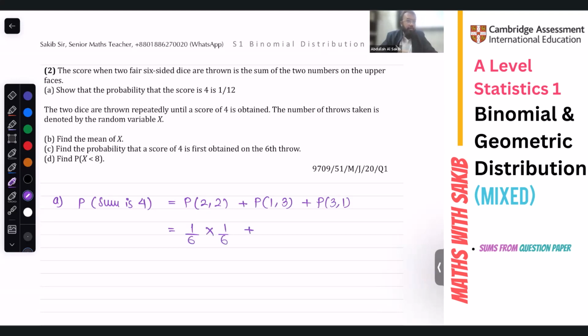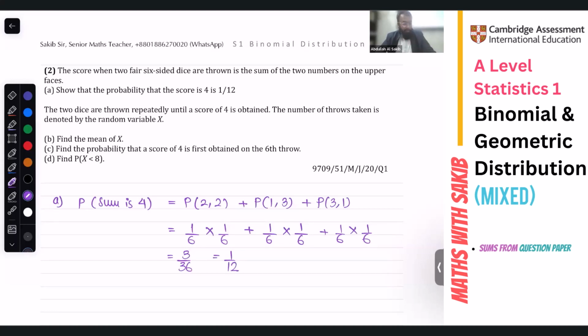With 2 fair 6-sided dice, what is the probability of having a 1? 1 by 6. What is the probability of having a 3? 1 by 6. So 1 by 6 into 1 by 6 for each case. So the answer is 3 by 36. So that is 1 by 12.